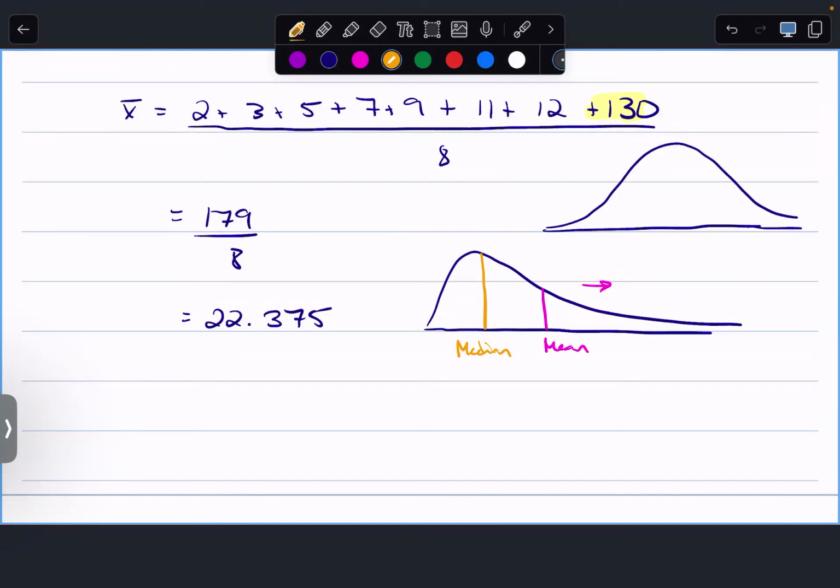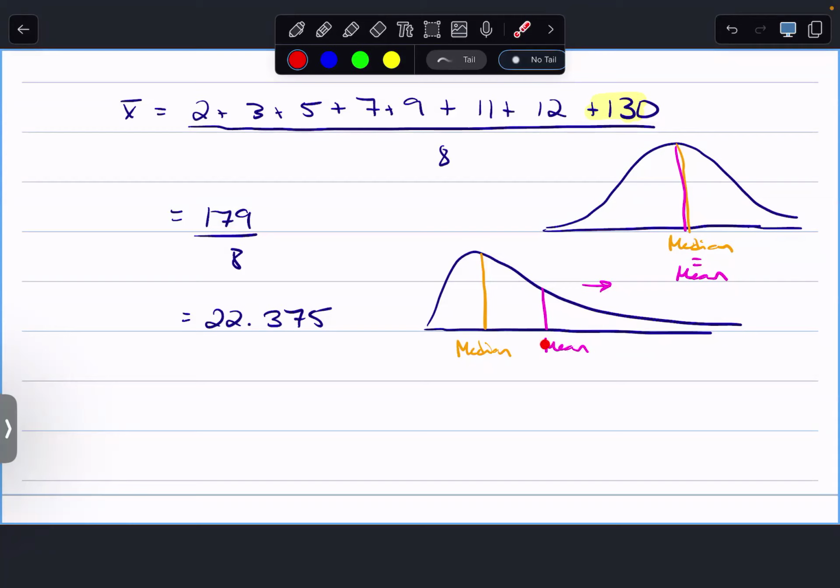If the mean and the median are roughly the same, it's pretty safe to assume that you at least have a symmetric distribution, right? And so then you would say, okay, it looks like I likely have a normal distribution if the mean and the median are hovering around the same place, right? Whereas if the mean is greater than the median, it means I have a distribution that's skewed to the right.